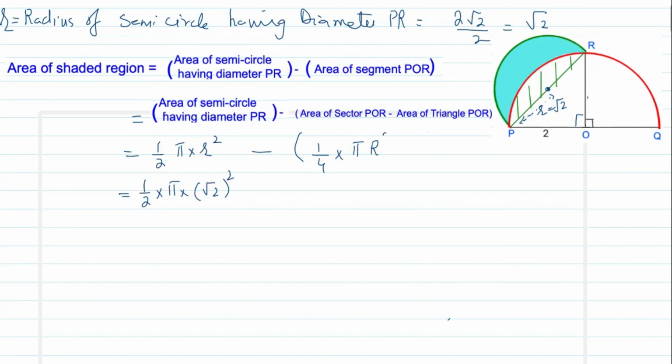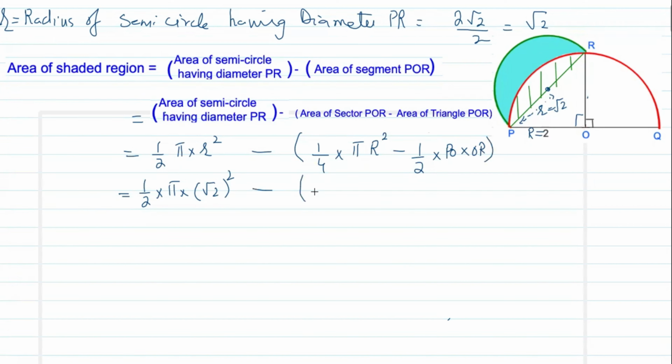Now, suppose the radius of this sector is capital R. Therefore, 1 over 4 pi R square minus area of triangle POR. You see here, this is the triangle POR. Therefore, that value will be equal to 1 over 2 base length into height. Height is OR.